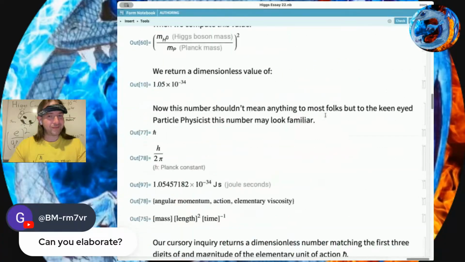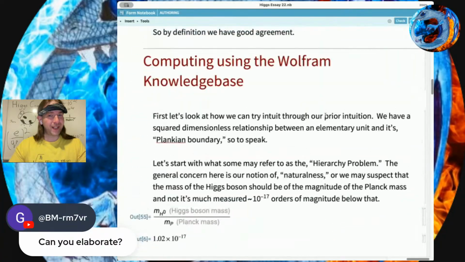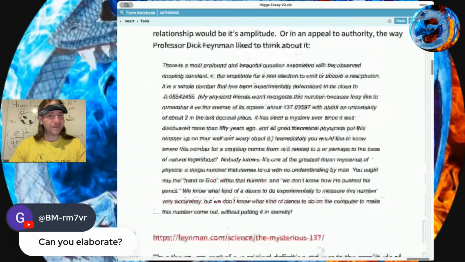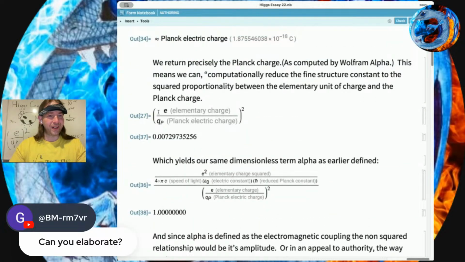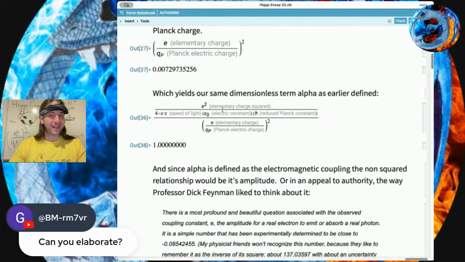All it is is this. I just took inspiration from the fine structure constant. All that fine structure constant jazz, you can literally just take elementary charge, an elementary thing, divided by Planck charge, square it. When you divide that into your normal definition of the fine structure constant, you get one.